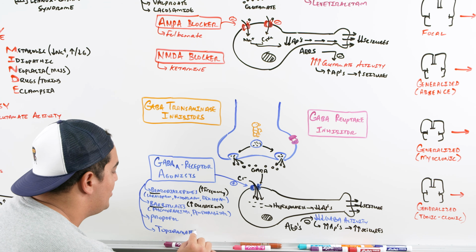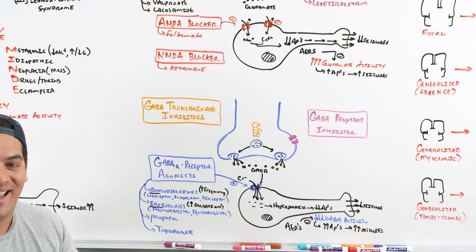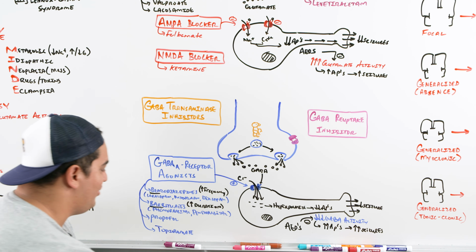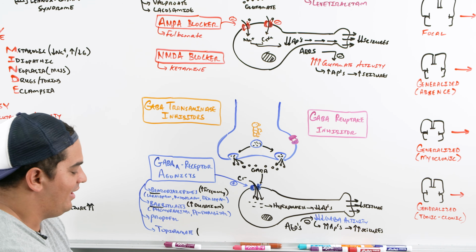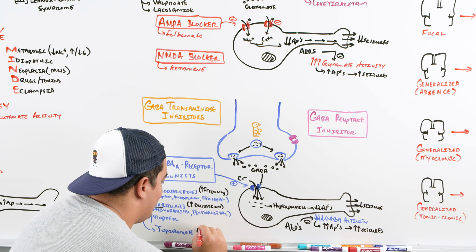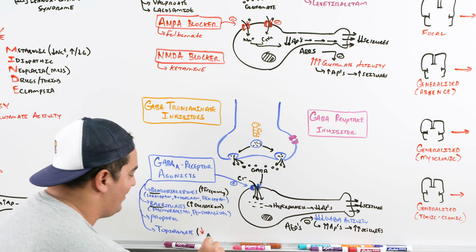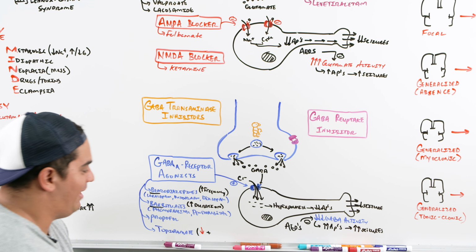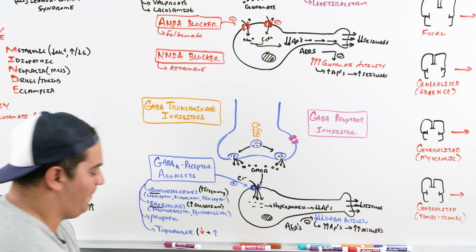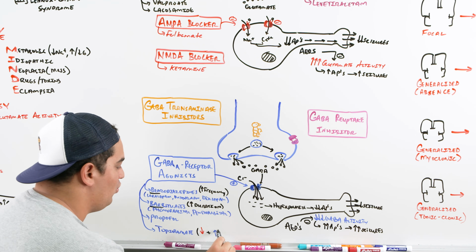Absolutely you did. So just remember that topiramate, I'm going to represent this in two different colors here, has an ability to decrease glutamate activity, and it has the ability to increase GABA activity, which is pretty cool. All right, so topiramate has kind of a dual action.